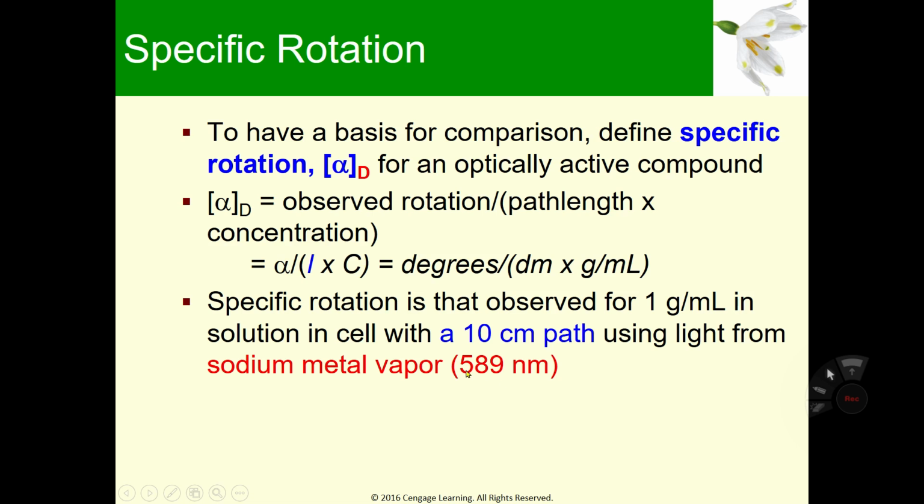That is to use a sodium flame, and sodium flame light always gives light with a specific wavelength, and that is 589. And we usually write it as D, like this. That means you used the light source of the sodium D line. So, in other words, you use 589 nanometer light for measuring optical activity using polarimeters.